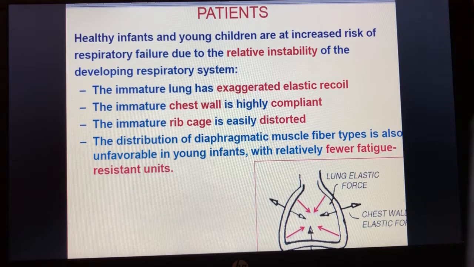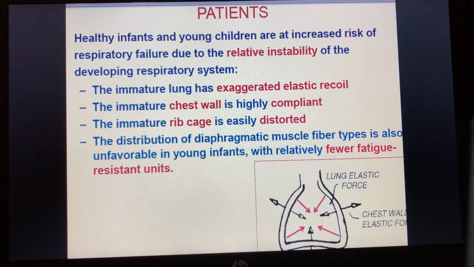And so not only are the internal airways affected by elastic recoil, but the chest wall, which is highly compliant, becomes more easily distorted and isn't always able to keep the lungs open.